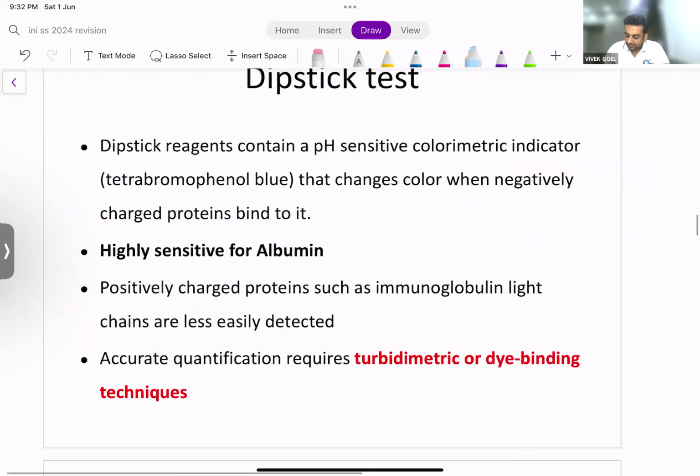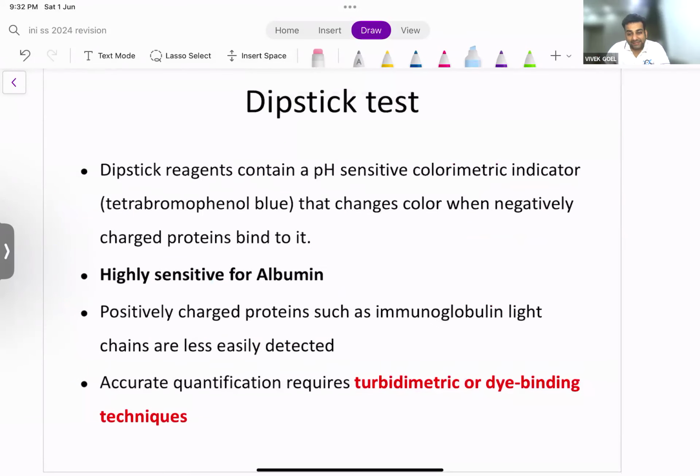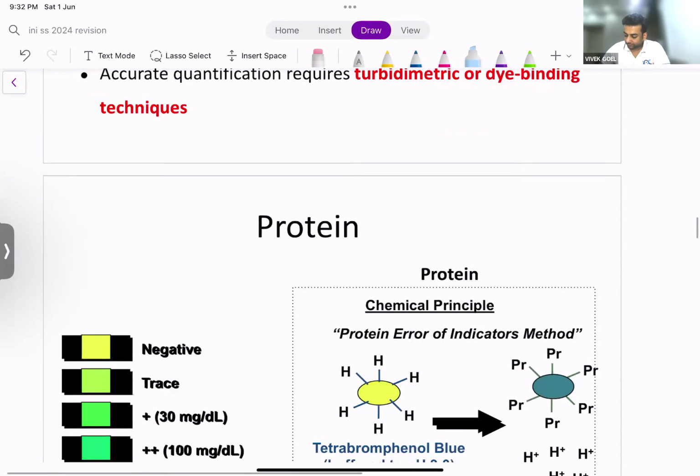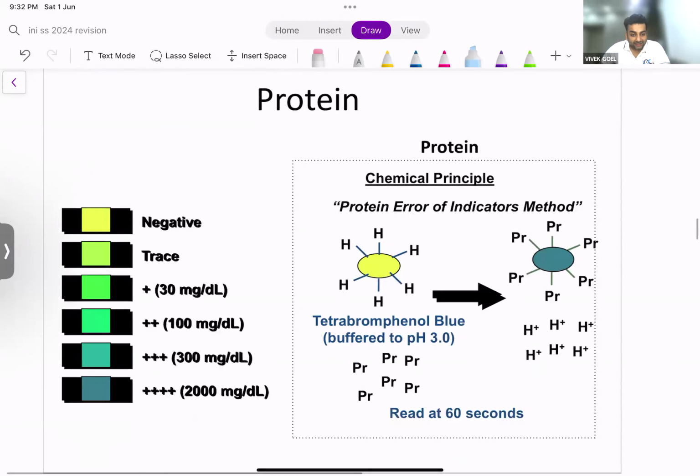Now, dipstick is a pH sensitive colorimetric indicator. The indicator name is often asked, that is tetrabromophenol blue, which we have already discussed. It is very, very sensitive to albumin. So this is the chemical reaction, and depending upon the amount of protein, it could show 1 plus, 2 plus, 3 plus, or 4 plus.